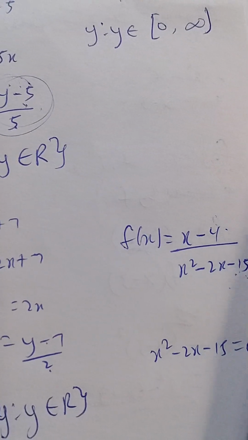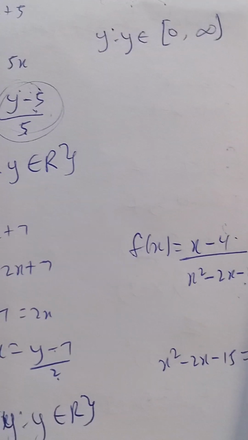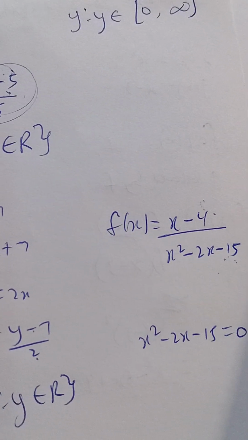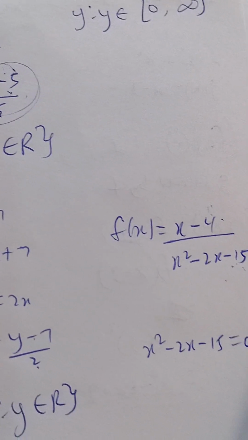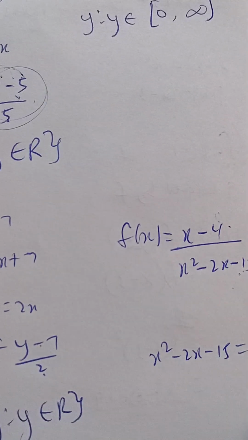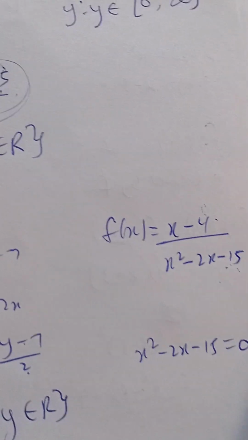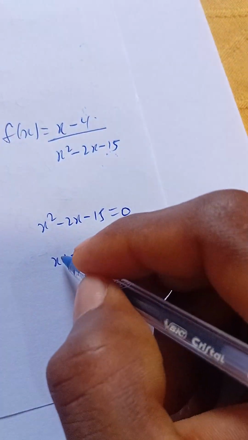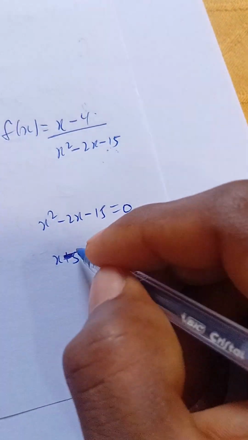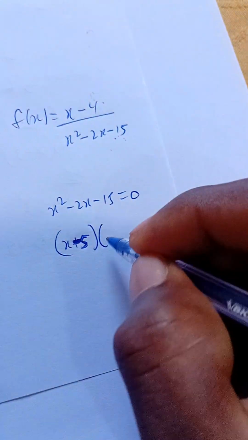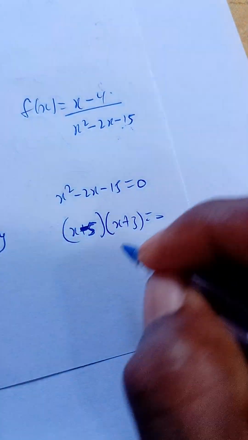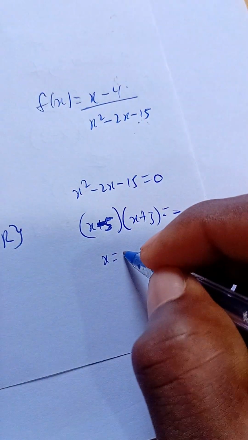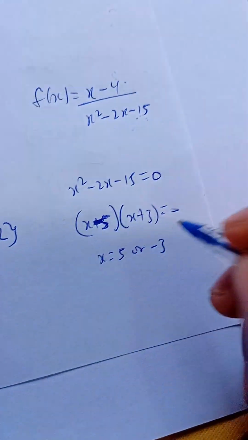Mode 5 3, 1, minus 2, minus 15. We have 5 and negative 3 as our answers. So x minus 5 and x plus 3 equals 0. So x equals 5 or negative 3.